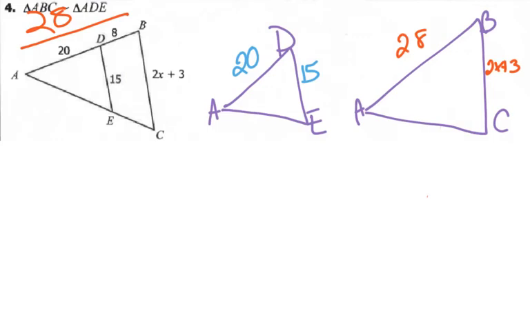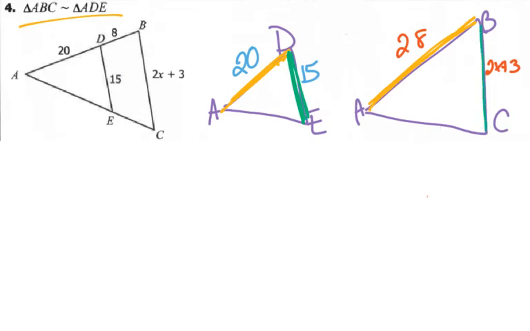After putting these measurements on the sides, what we're going to do is look at the similarity statement, and we're going to find out which sides are corresponding. So side AD looks like it's corresponding to side AB. And then we have side DE, and that's corresponding to side BC.